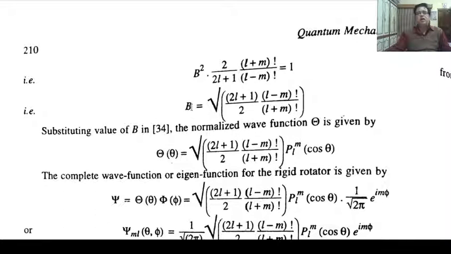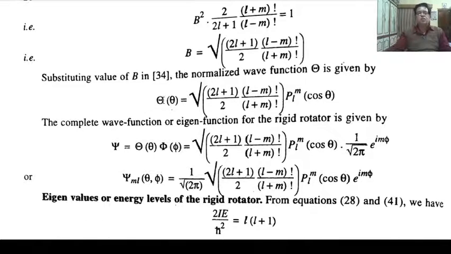So B becomes B = √[(2L + 1)/2 · (L − m)!/(L + m)!]. Using this, Θ = √[(2L + 1)/2 · (L − m)!/(L + m)!] P_L^m(cos θ).